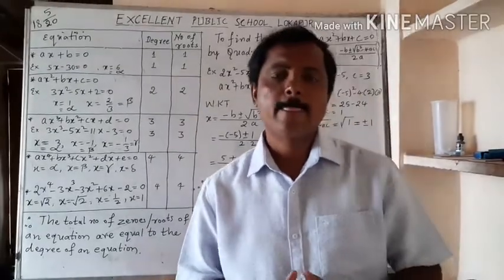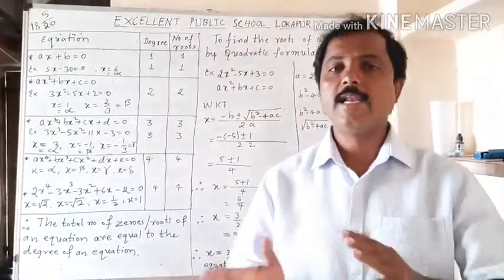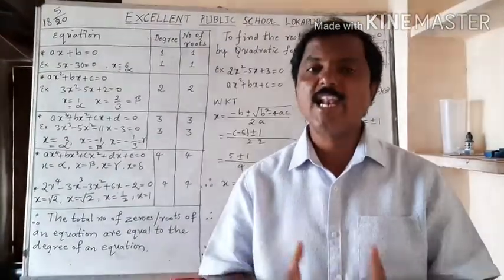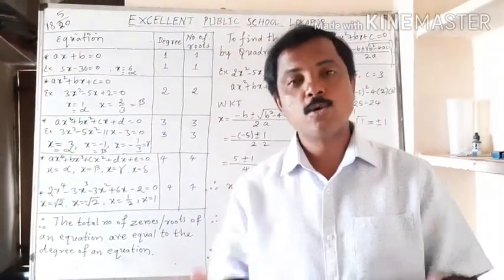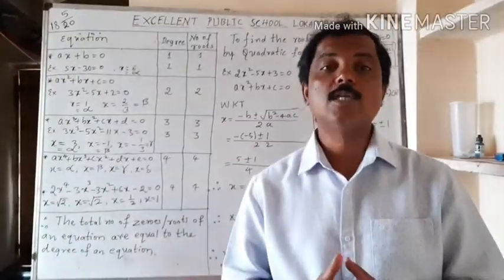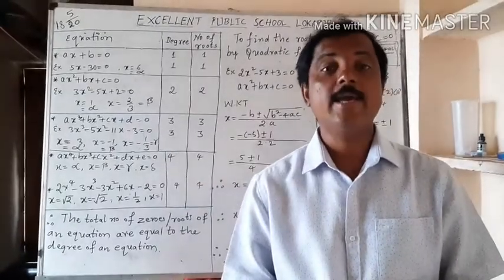And one more thing, you should be able to tell the nature of the roots also, that is, whether the roots are real numbers or not, whether the roots are equal, or whether the roots are distinct.